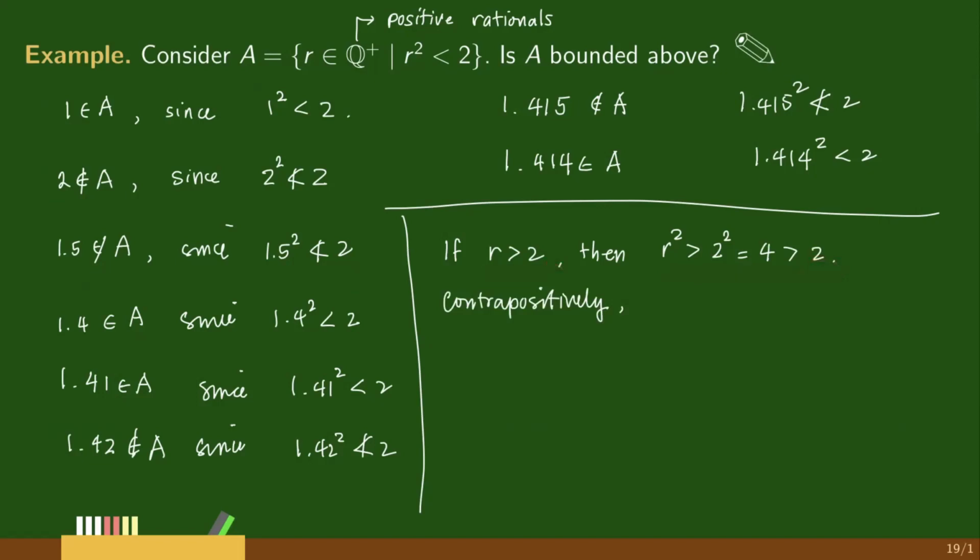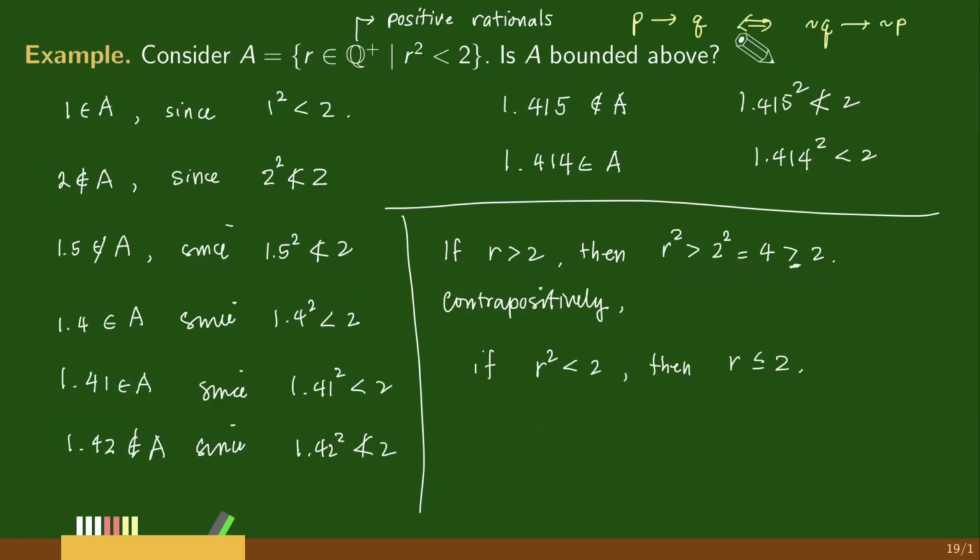Ang sinasabi natin dito, if R squared is less than 2, then actually R is less than or equal to 2. So if you take the contrapositive, pag sinabi kong contrapositive, once again, P then Q, ang contrapositive, not Q then not P. In logic, they are equivalent.